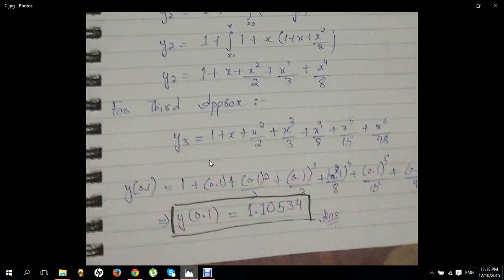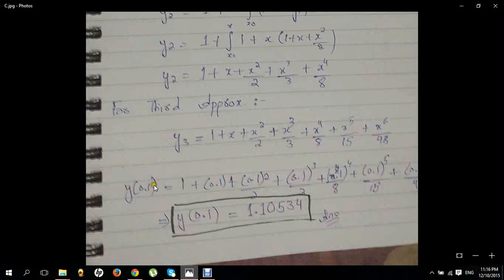So the thing we will do is that in the question they ask to find y of 0.1. So in our third approximation we're going to put 0.1 instead of x.